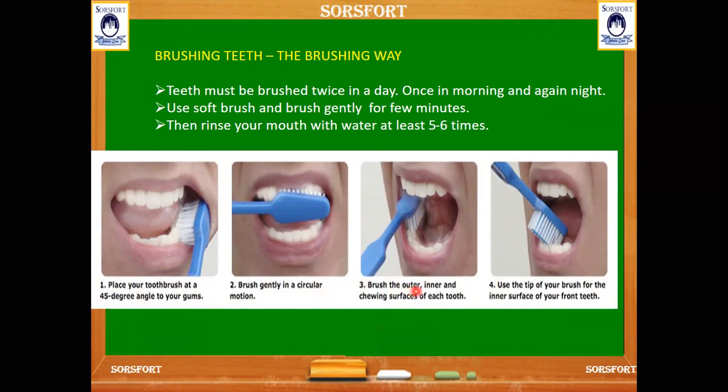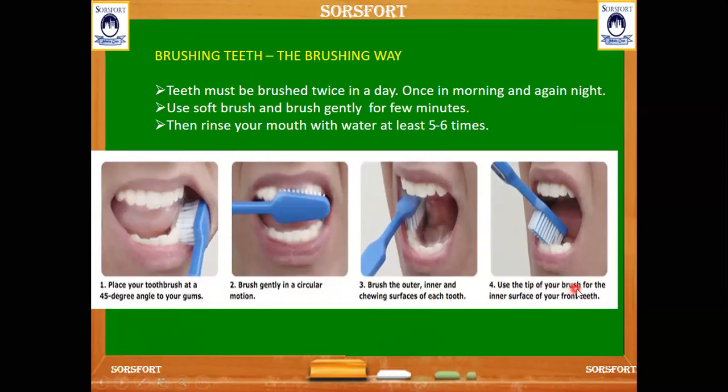Brush the outer and inner parts as well, and the chewing surface of each tooth. Which is the chewing surface? The inner premolars and molars. Those inner parts are the place where food often gets stuck. So those inner and outer chewing surfaces, we should clean well.